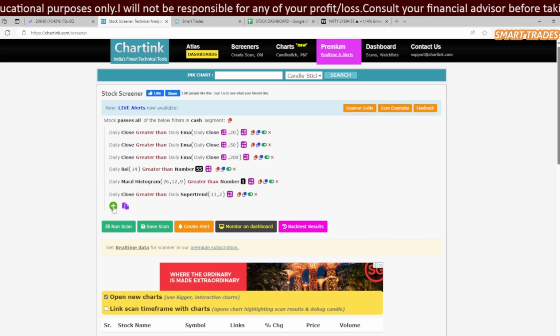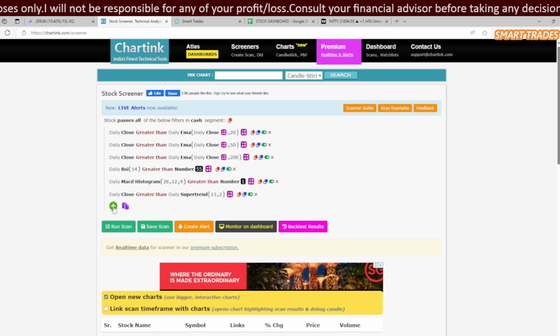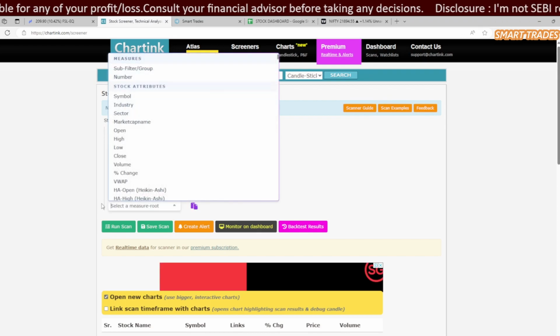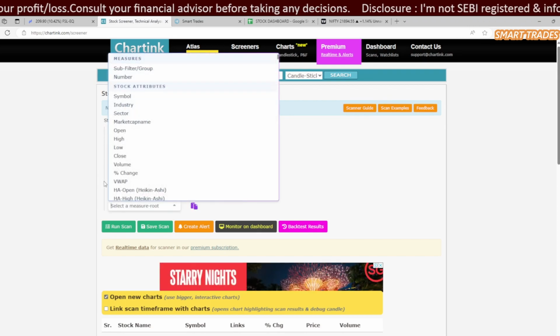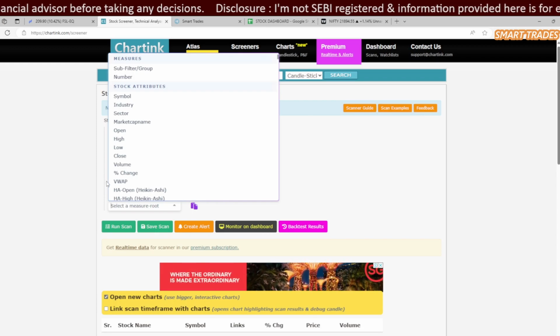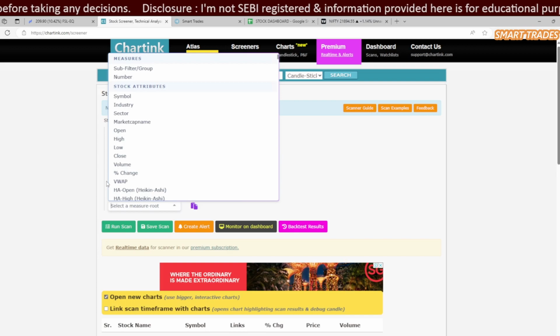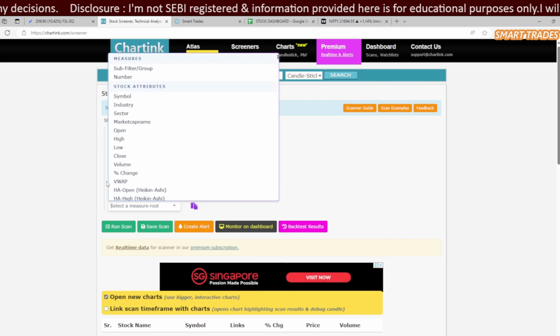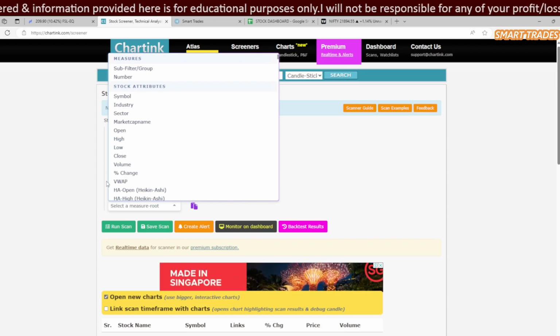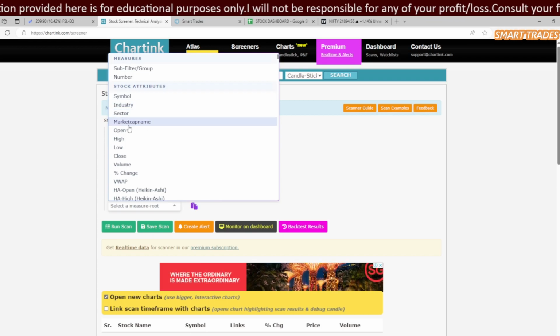Next, we can omit the stocks below 100 rupees and the stocks above 1000 rupees. You can choose stocks however you want, but personally I feel we'll be taking the stocks only above 100 and less than 1000.